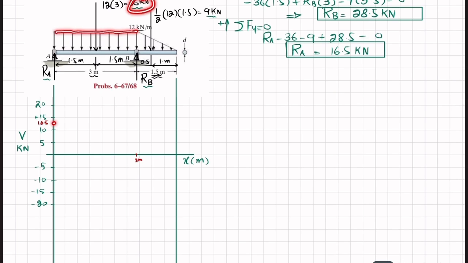So at this point, the value will be equal to 16.5 minus 36, and that will be equal to minus 19.5. So we will locate minus 19.5. So 19.5 will be somewhere here.